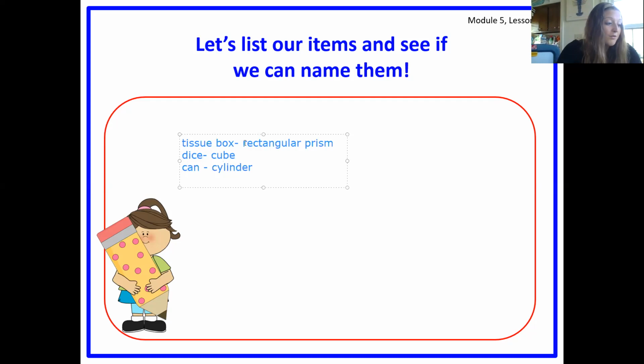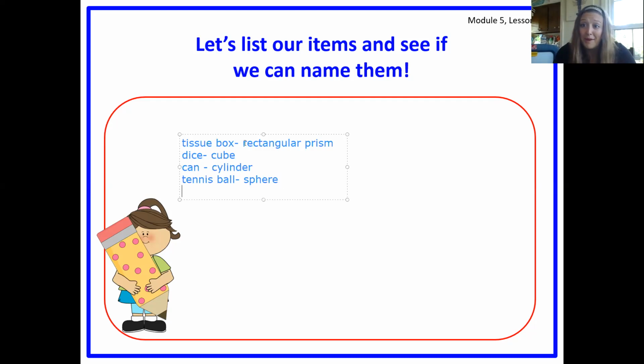You could have found, what else could you have found? Maybe a tennis ball. I know I found one of those for Dixie, and that would be a sphere.